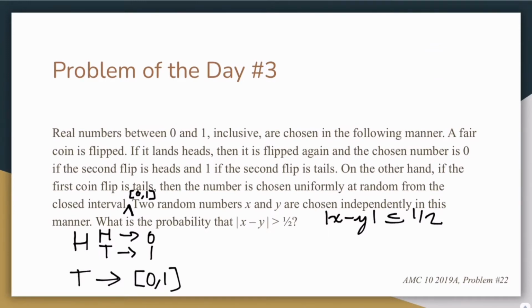Now, what are the possibilities for this? Well, we can have HH, HT, or T in the interval, which I'll call I. And same for Y. So HH, HT, and TI.